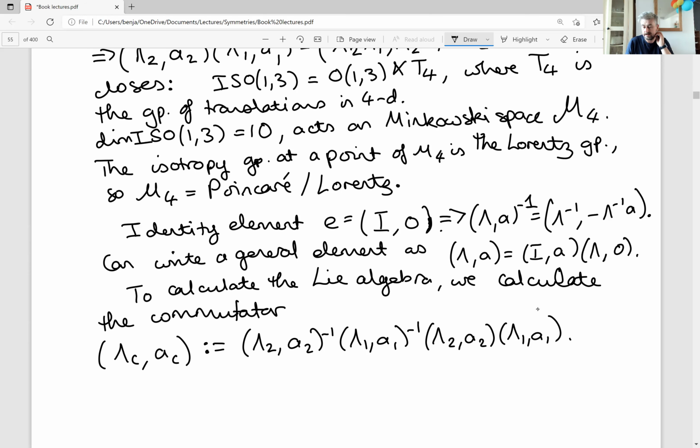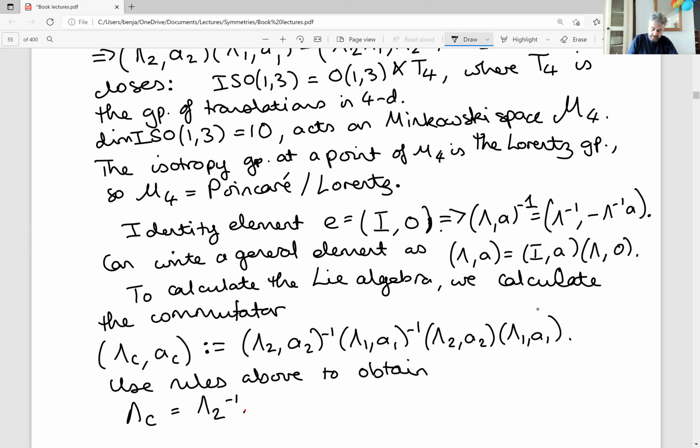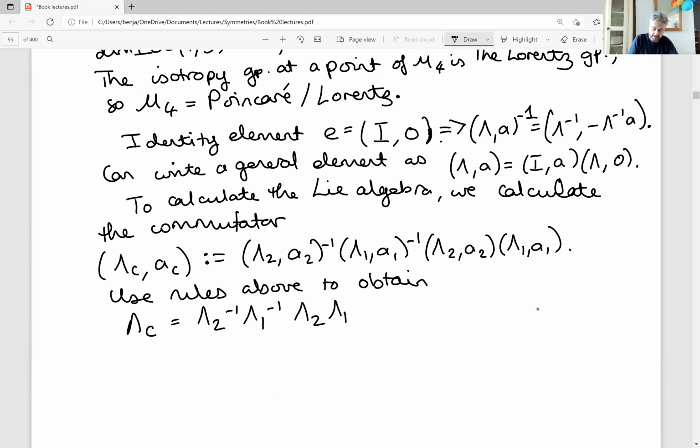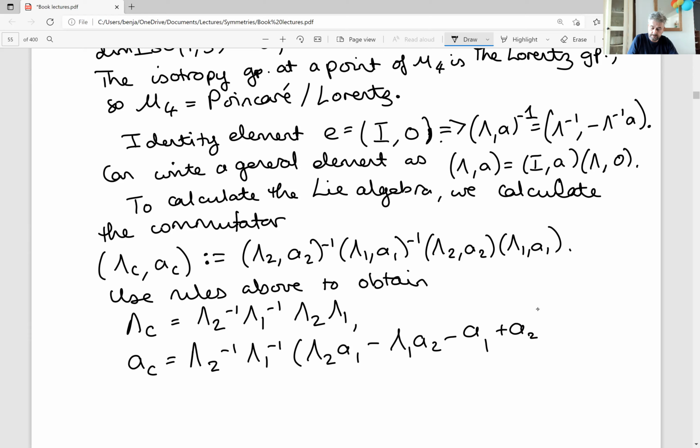It's an exercise here to use the rules above and just check, and you should be able to get that lambda_c is almost trivially the following, and a_c is lambda_2^-1 lambda_1^-1 (lambda_2 a_1 minus lambda_1 a_2 minus a_1 plus a_2).